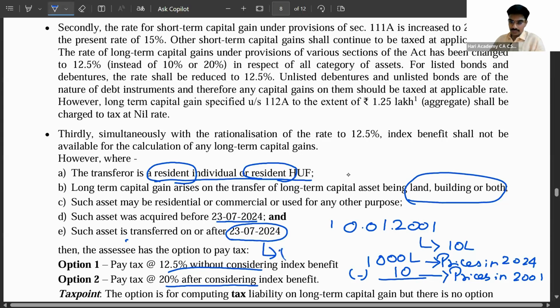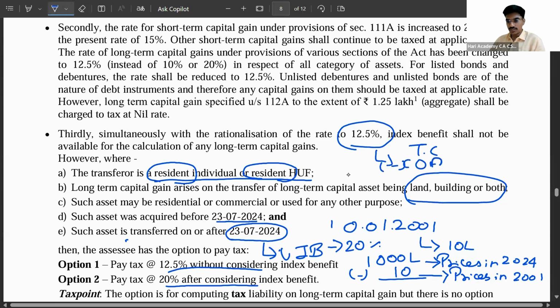Use indexation benefit, and you can pay tax at 20%. However, if you choose not to take the indexation benefit, you can pay tax at 12.5%. Here, it is going to be total consideration minus cost of acquisition.